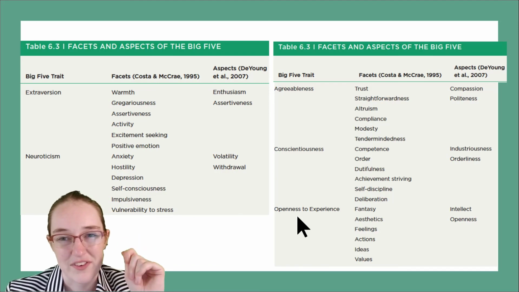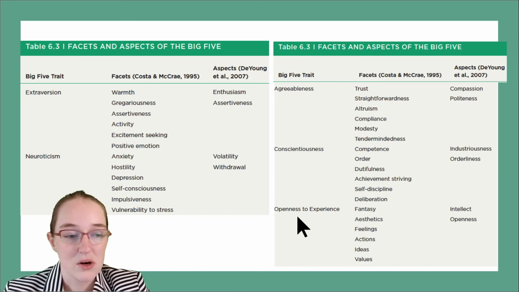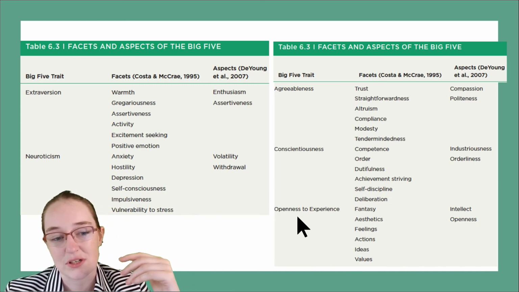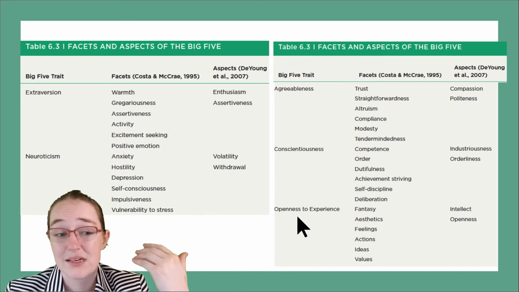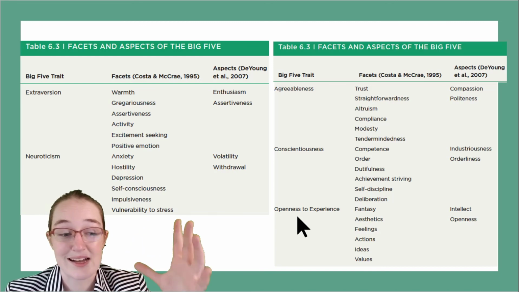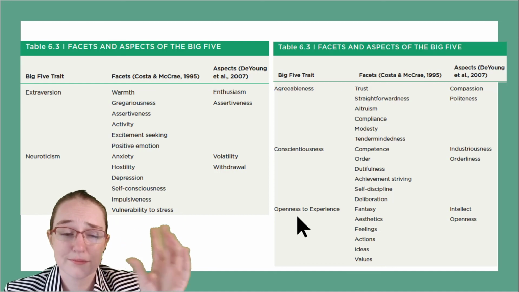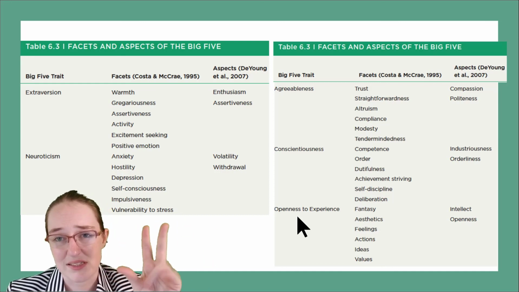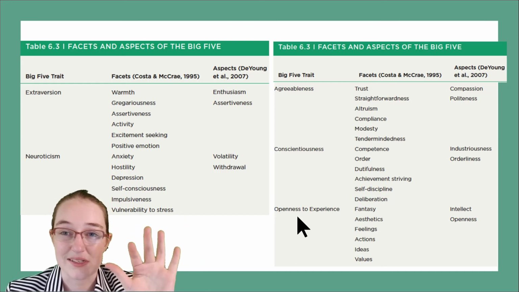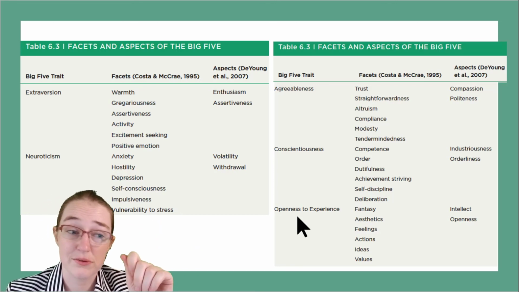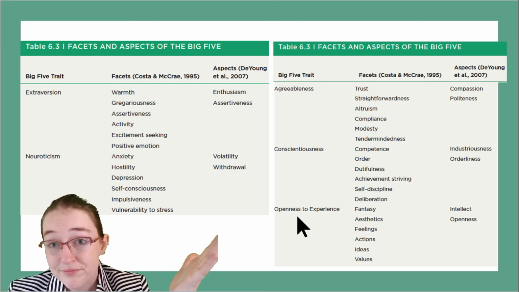It's a weird factor analysis thing. So openness to experience is kind of this mixture of fantasy, aesthetics, feelings, actions, ideas, and values. Colin breaks it down into intellect, so how intellectual are you, versus openness, how open are you to new ideas and experiences.